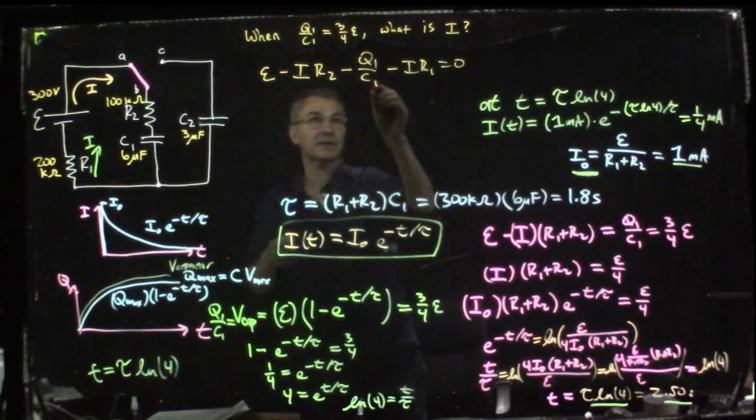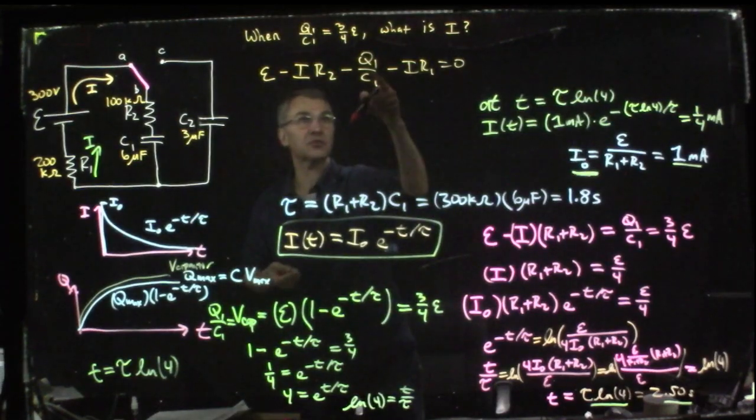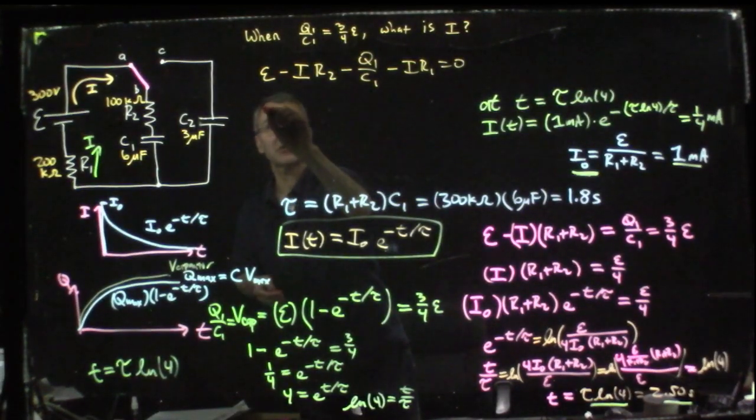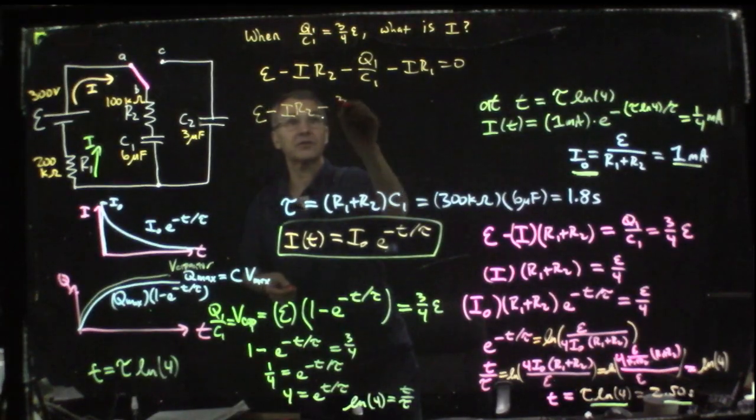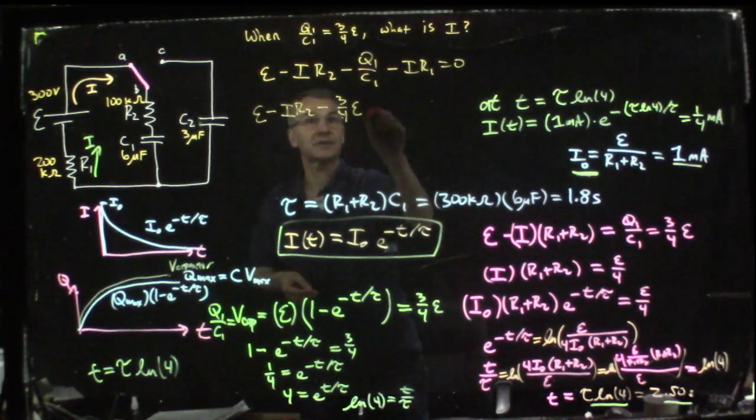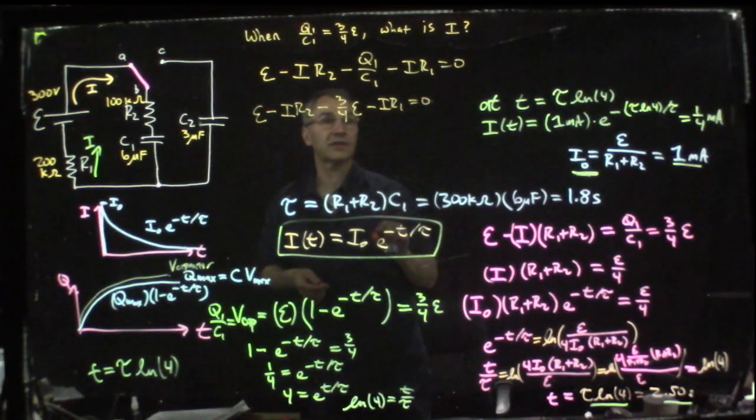So now we just said that this is 3/4 of the battery EMF. So we have battery EMF minus I R2 minus 3/4 of the battery EMF minus I R1 equals 0.